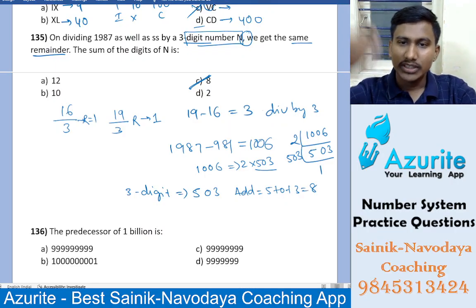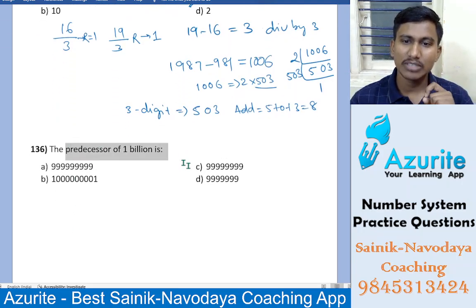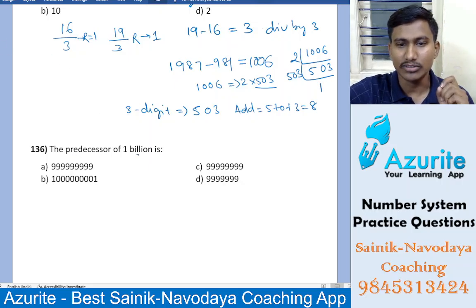Now let's do the next, question number 136. Predecessor of 1 billion. Predecessor means the number before, right? So to find that we have to subtract 1. 1 billion is written with 9 zeros.